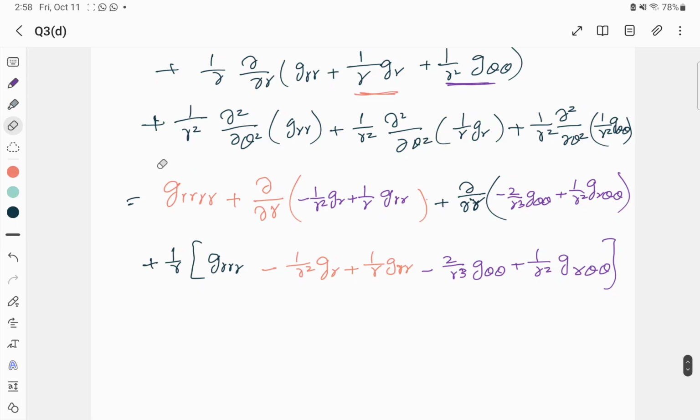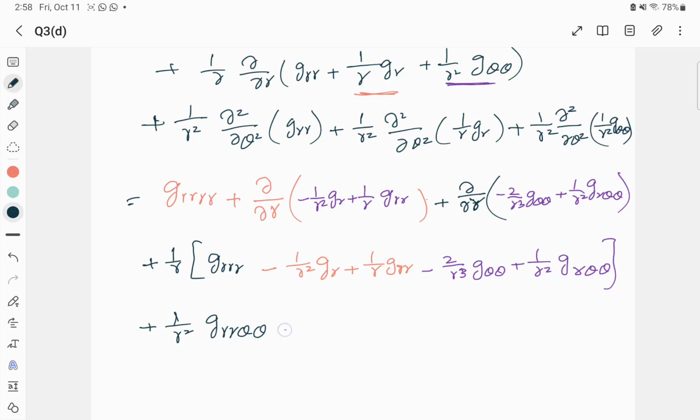And let's go to the last line. So here we have 1 over r square, and the derivative of g_rr is being taken with respect to theta twice, so that will be just g_rr theta theta. And here, because we are taking the second derivative with respect to theta, and keeping in mind this 1 over r is independent of theta, it will just come outside.